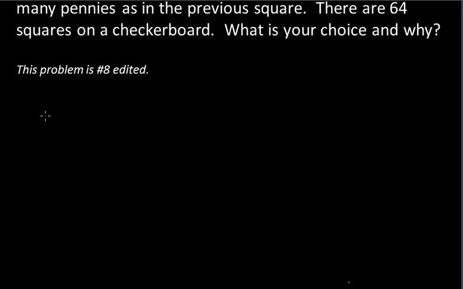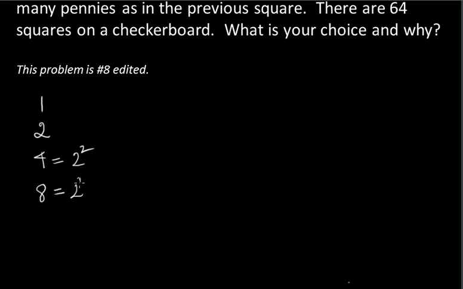Each time we double the amount of pennies on the previous square. So we start out with 1, and then we have 2, and then we have 4, but consider 4 as 2 squared. And then we double 4 and we have 8, but notice we're just multiplying 4 by 2. In other words, we're multiplying 2 squared by 2.